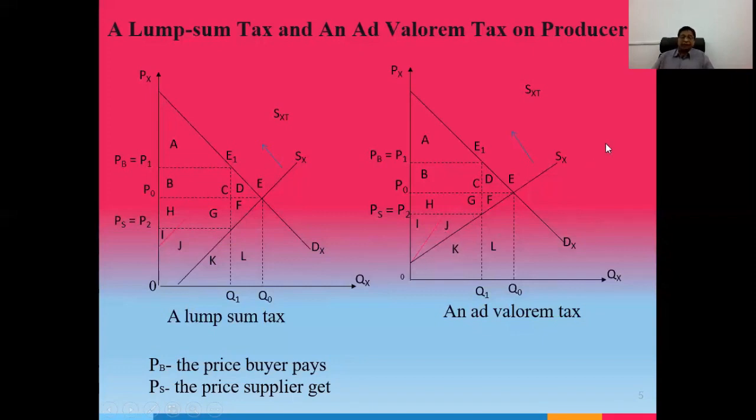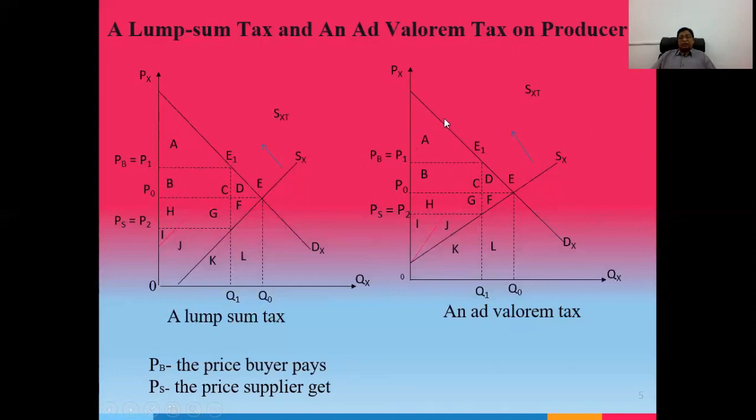But the economic implications of both are similar. Then I would like to explain consumer surplus after this ad valorem tax on producers.